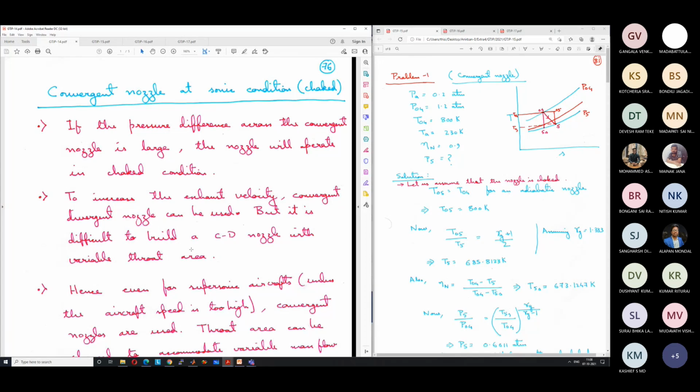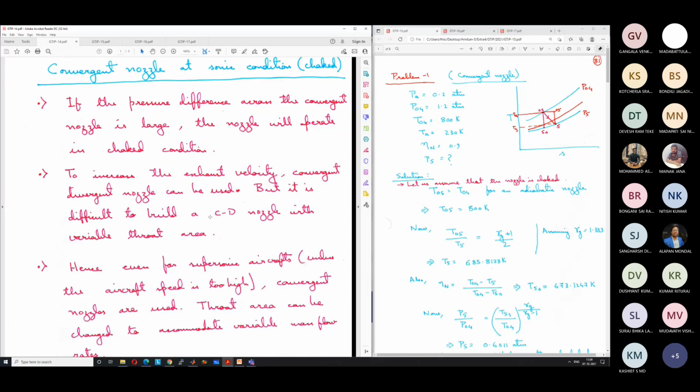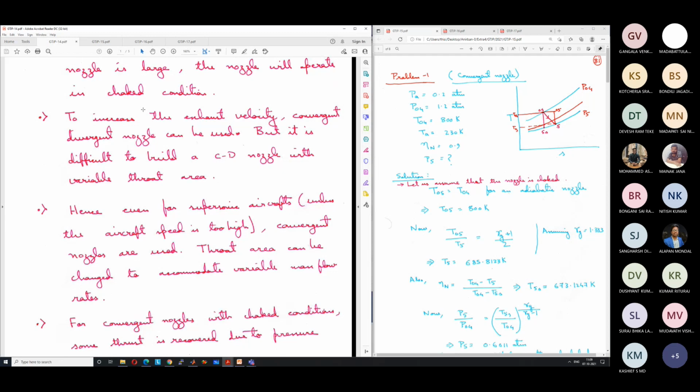If the pressure difference across the convergent nozzle is large, the nozzle will operate in choked condition. To increase the exhaust velocity, a convergent divergent nozzle can be used, but it is difficult to build. We have discussed it is difficult to build a convergent divergent nozzle with variable throat area, but you need a variable throat area for the choked section, because the mass flow rate will change for different aircraft velocities, as the intake velocity depends on the aircraft velocity.